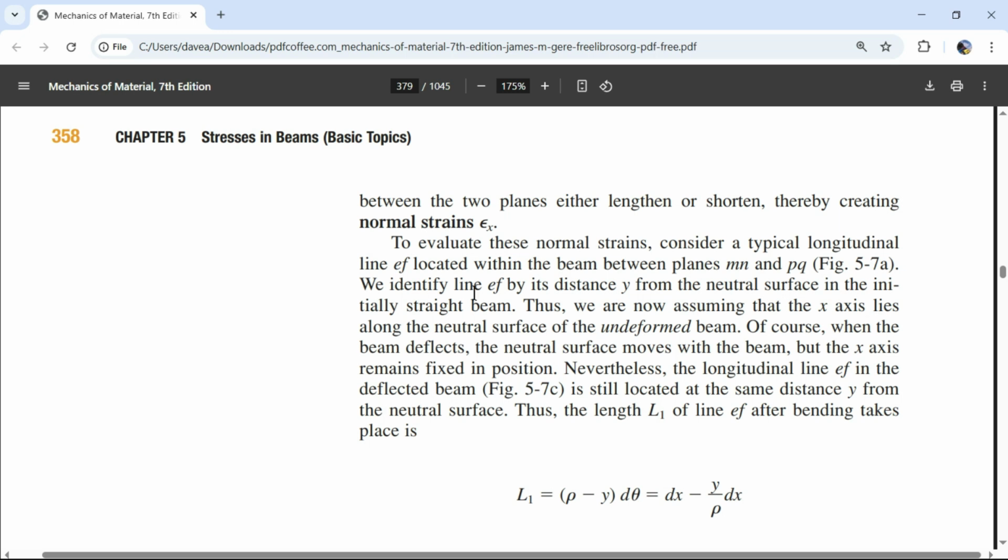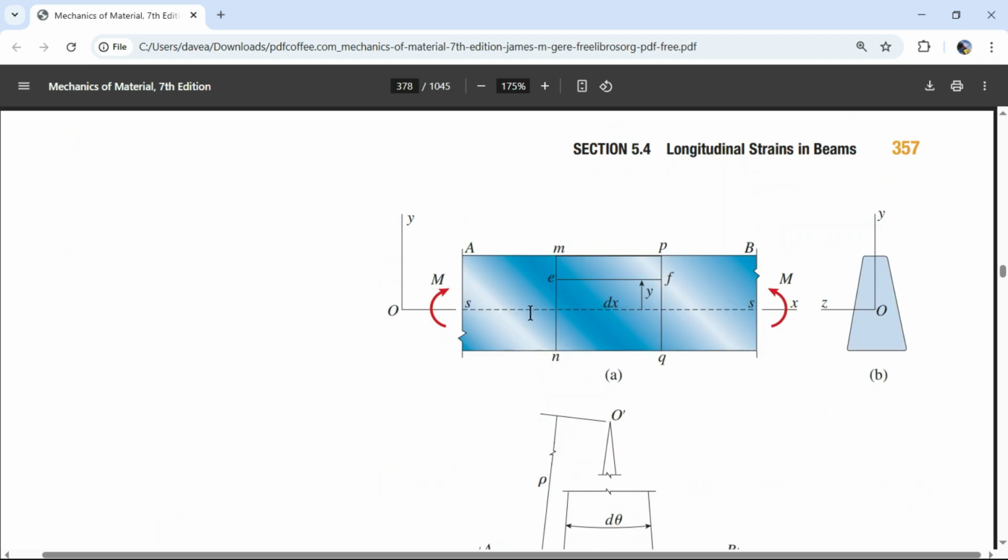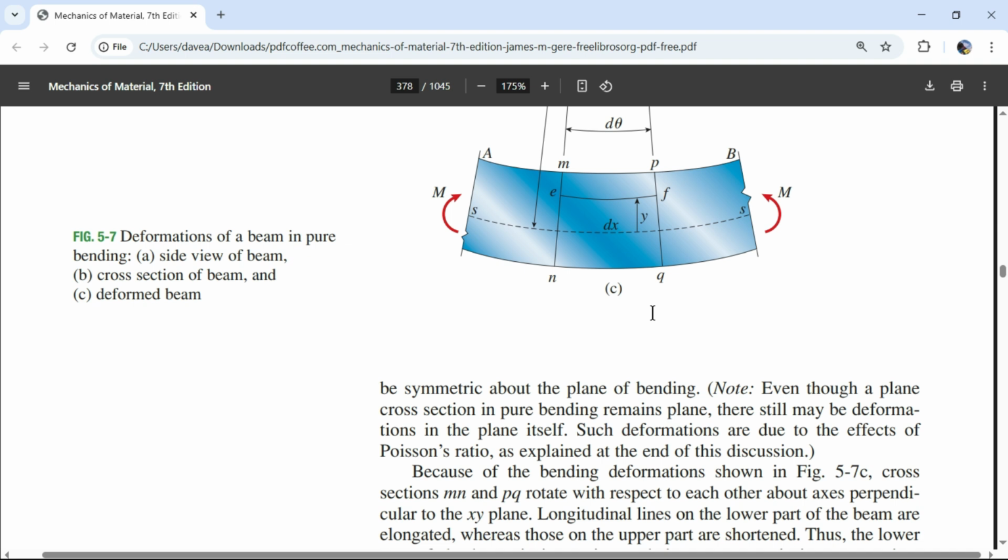Cool. We identify the line EF by its distance y from the neutral surface in the initially straight beam. So we do that in figure 5.7a first. Let's look at that. Right here, we first make line EF a distance y from the neutral axis. And then we observe it down here.